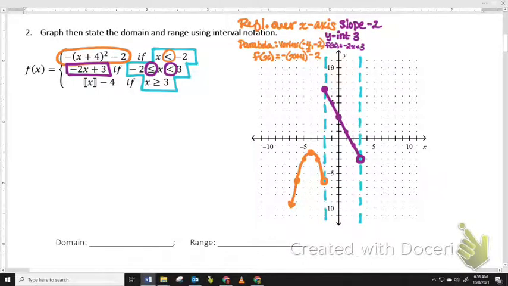And then what type of function do we have on the far right? This is a step function. And it has been shifted down 4 from the parent. So I'm going to have to take that into account as I'm graphing this.